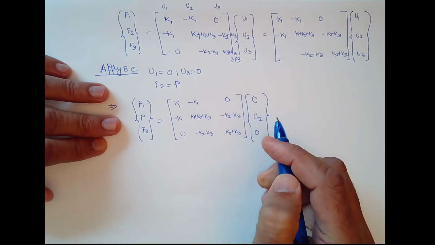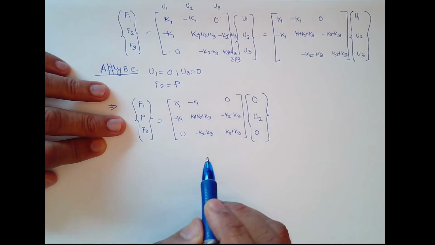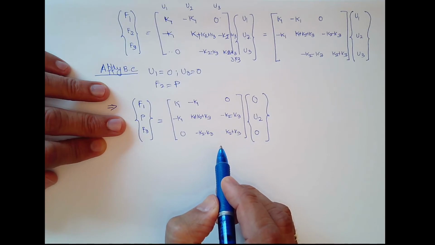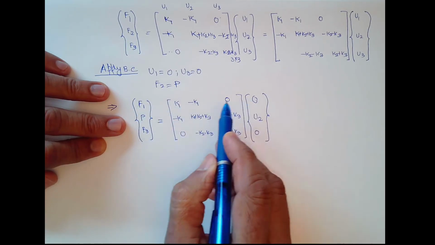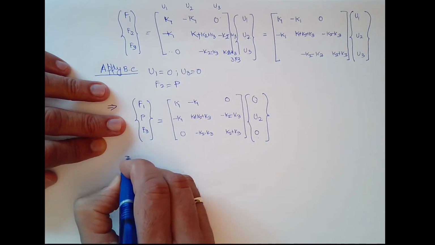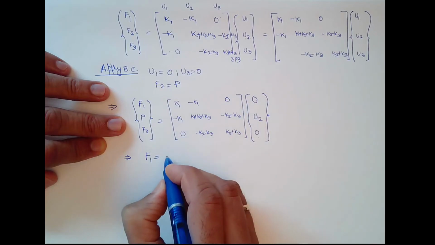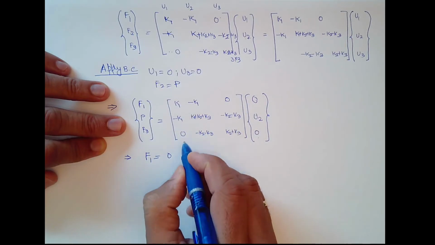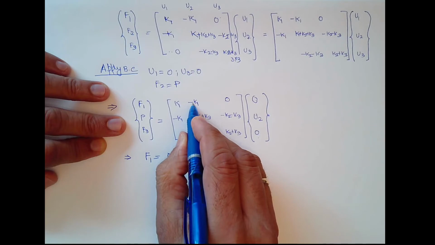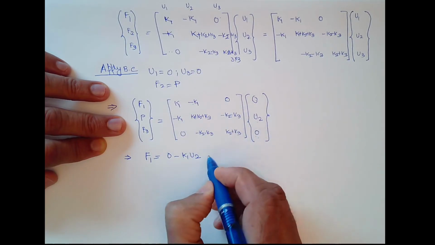This is the case. So this gives three equations. I have to solve it. So F1 equal to this into this plus this into this plus this into this. So let us write F1 equal to K1 into 0, plus minus K1 into U2 plus 0 into 0.